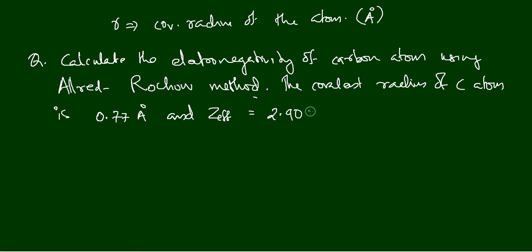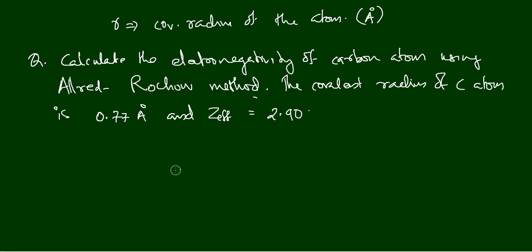So this is the question, and from this one we have to calculate the electronegativity of carbon atom. From another approach, we already calculated the electronegativity of the carbon atom, and from this approach also we are going to calculate the electronegativity of carbon atom.